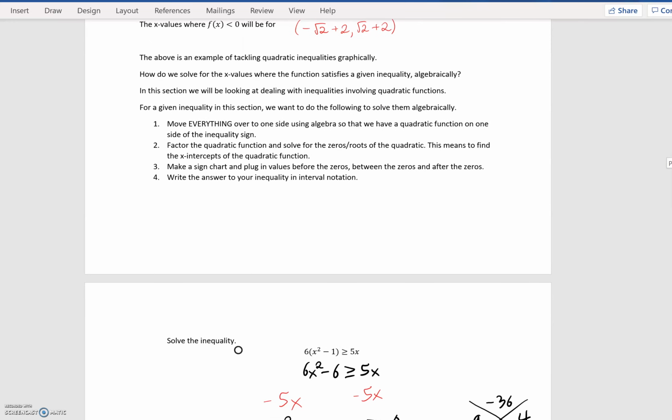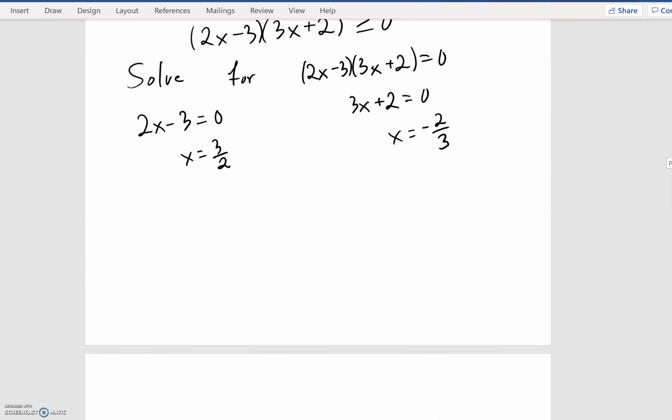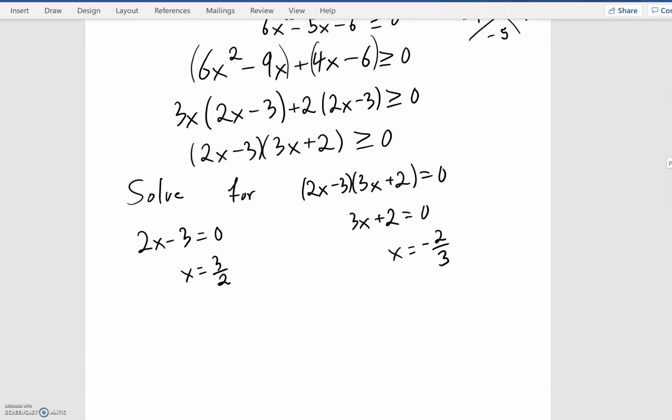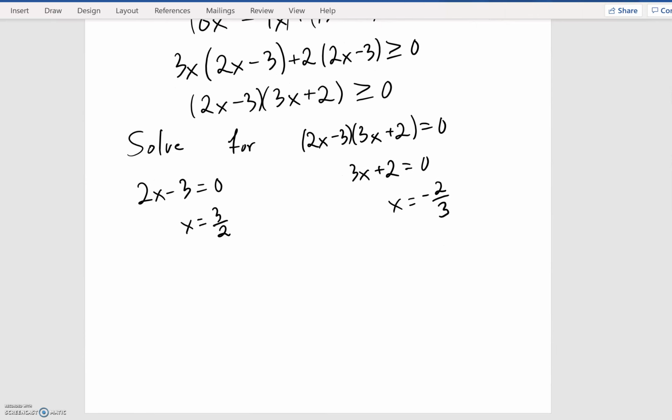Okay, now what? Following the third step, I need to make a sign chart. What exactly is a sign chart? In this section, a sign chart consists of the following. You draw a number line. You're going to write down the zeros of your quadratic.